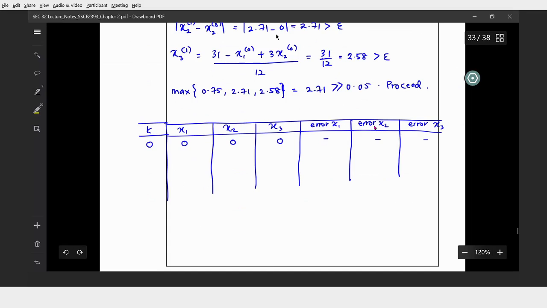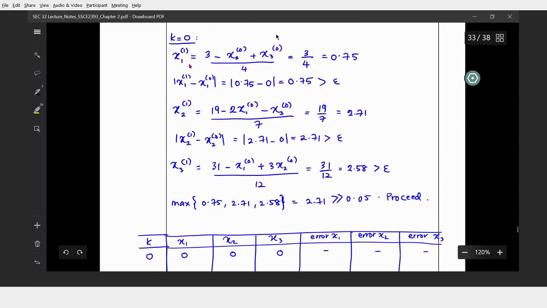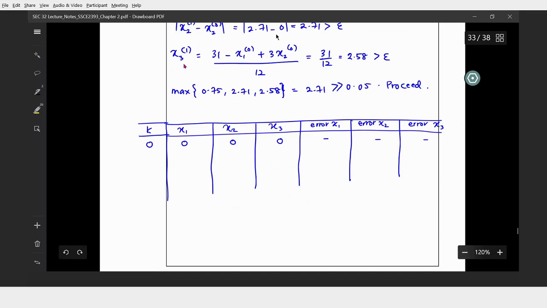Okay, so back to manual calculation here. When k equal to 0, you have x11. Meaning that you can fill in the table for k equals 1. So in the second row it should be 0.75 here, and then 2.71, 2.58.